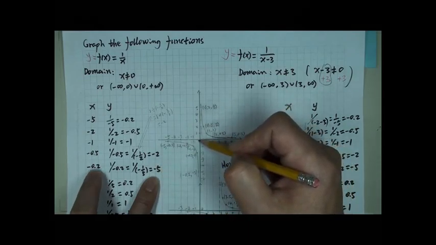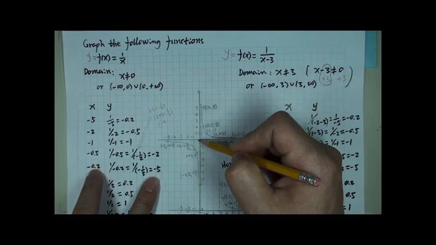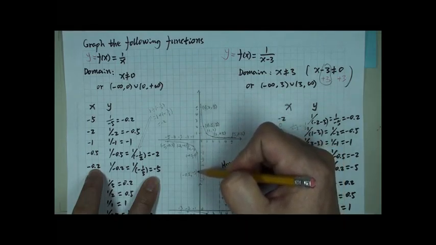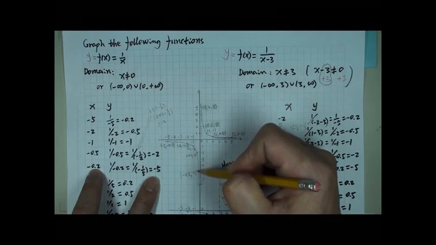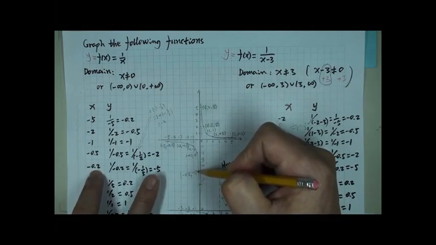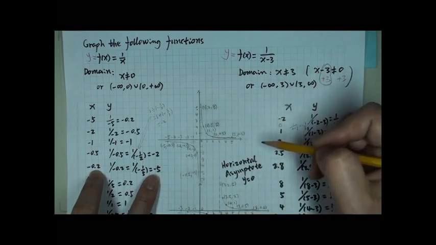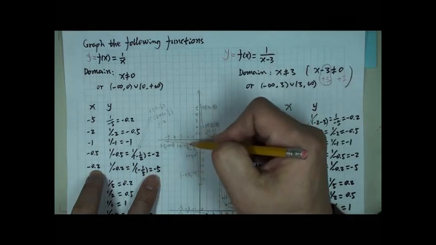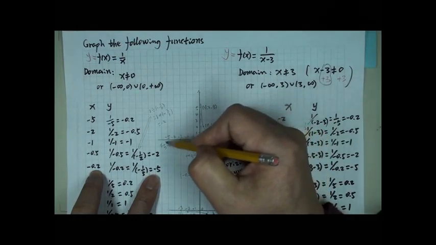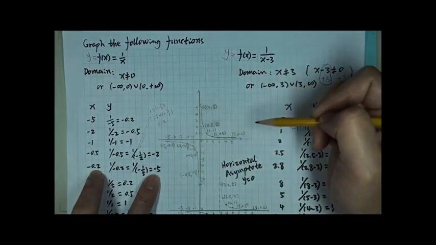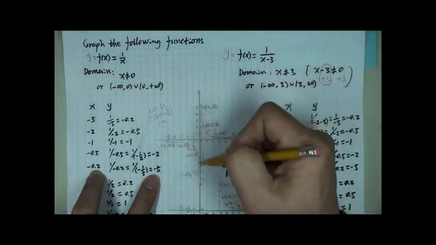So x equals negative 0.2, very close to 0, and y is even deeper down, negative 5. This point, negative 0.2 and negative 5, is right here. And then you have 5 points. You connect them.